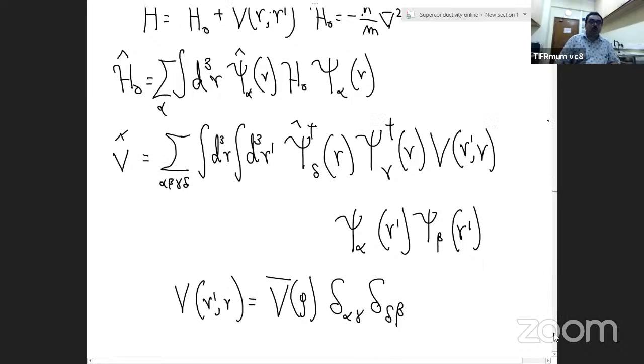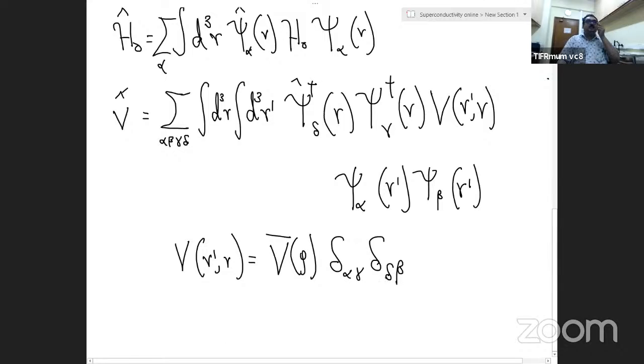So what is this assuming? This is assuming that delta is equal to beta. Remember, these are the spin indices, and alpha is equal to gamma, which means that there is no spin dependent scattering. The spin is conserved.